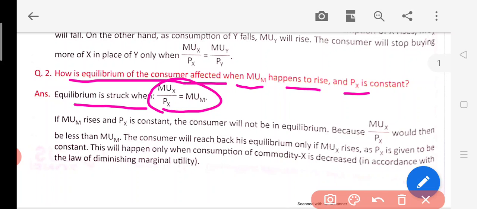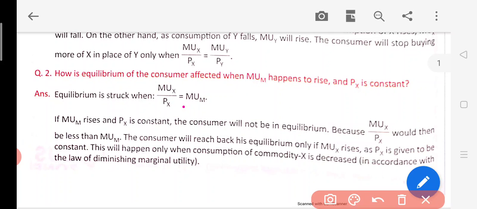So what will happen if MUM rises and PX is constant, the price is not changing? The consumer will not be in equilibrium, because MUX upon PX would then be less than MUM. Okay, so this equal to sign will not be there.